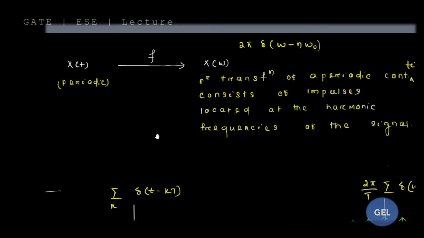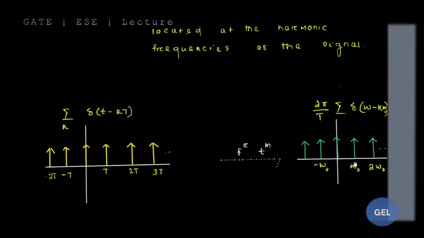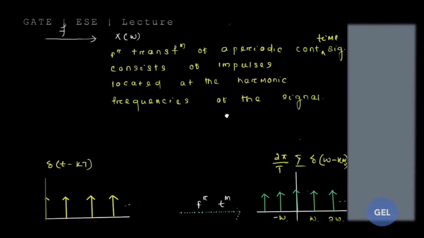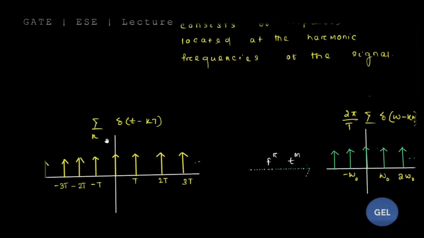Look here carefully. I took an example of a train of impulses and did its Fourier transform. You can clearly see that the impulses we got in the Fourier transform are situated at the harmonic frequencies of the signal.